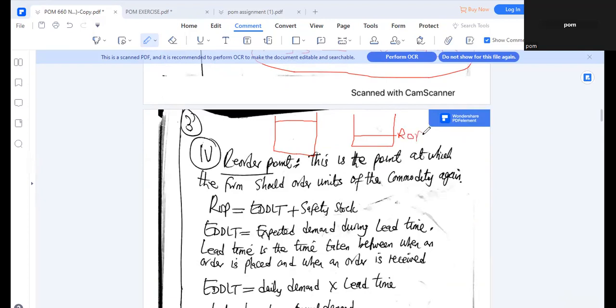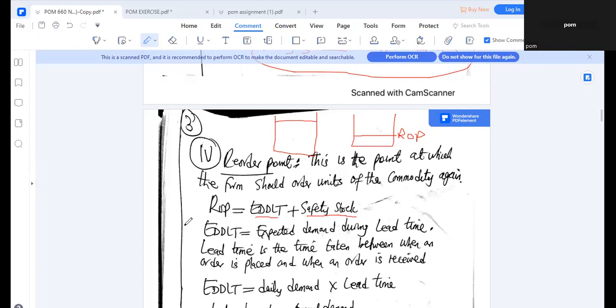So this is our order point. It's the point at which the firm should order units of the commodity again. The order point is equal to expected demand during lead time plus the safety stock.